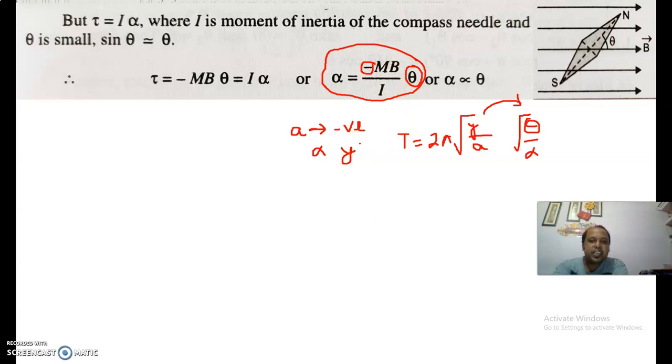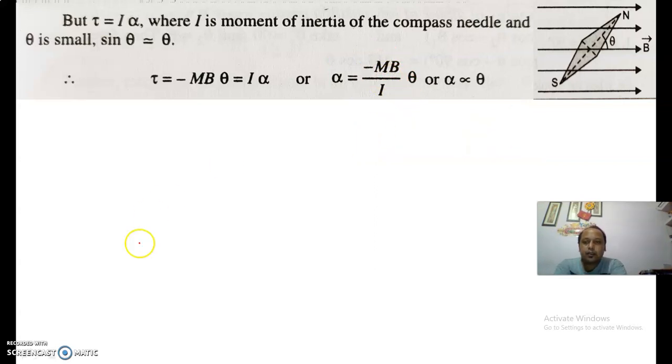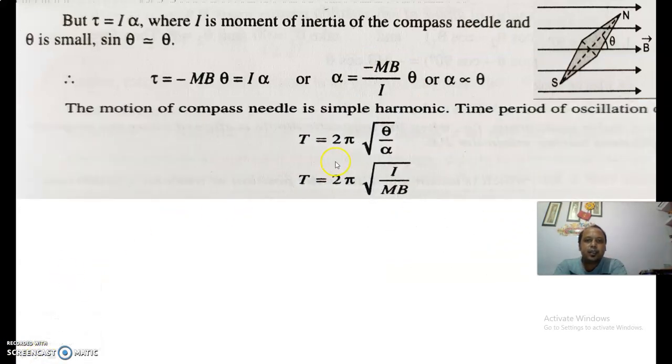So I hope this is clear to you. The value of time period will be given by 2 pi root over theta by alpha, which is root over I by mB.